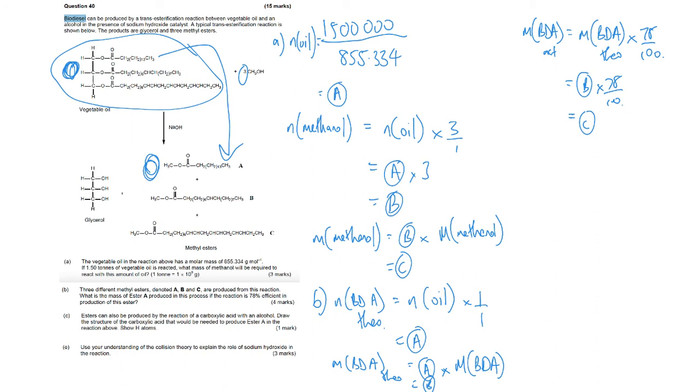Esters can also be produced by the reaction of a carboxylic acid with an alcohol. That makes sense. Draw the structure of the carboxylic acid that would be needed to produce ester A in the reaction above. Show hydrogen atoms. Ugh. So this is what you do. You take your structure, because it says draw the structure, you can't do this, but you know, you can do this.